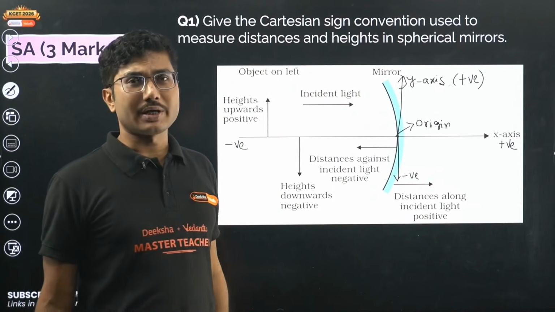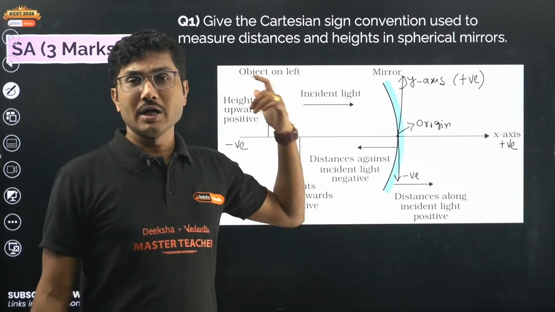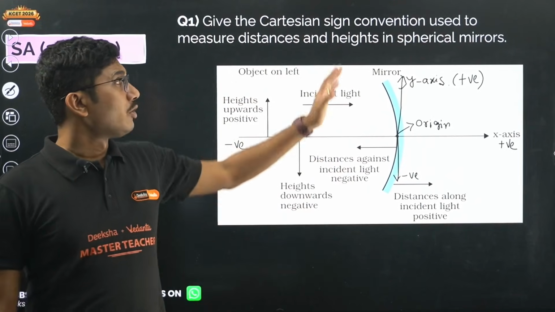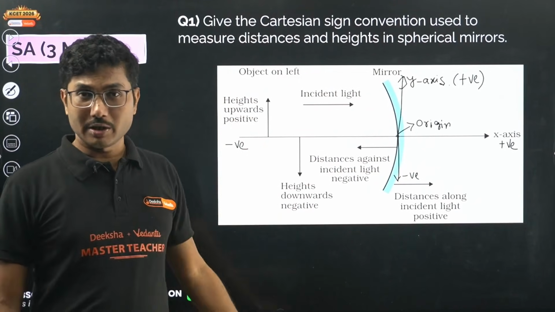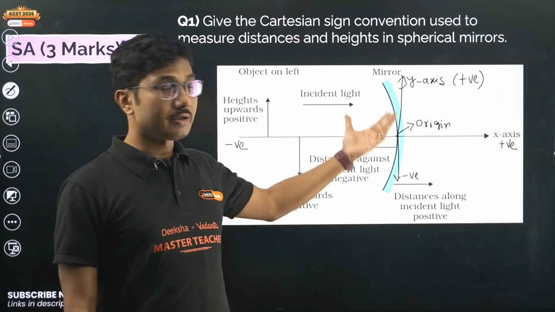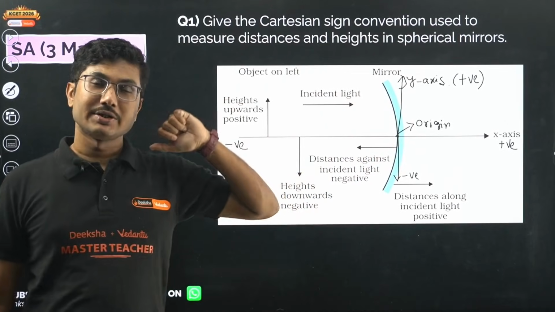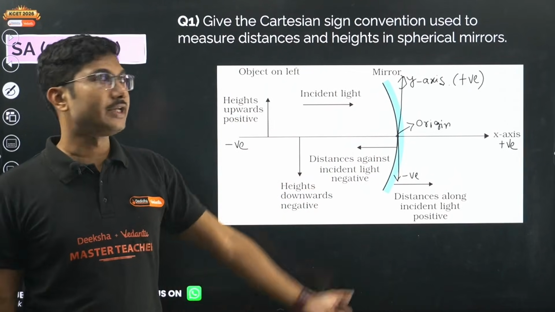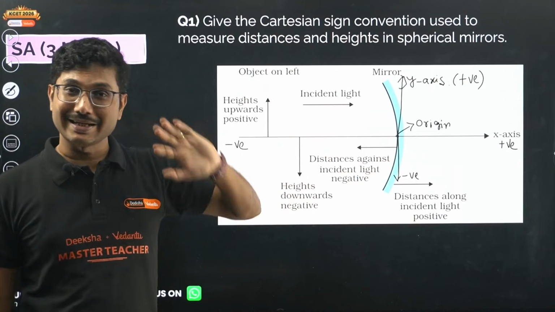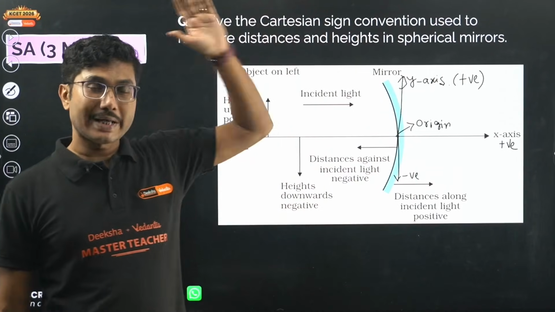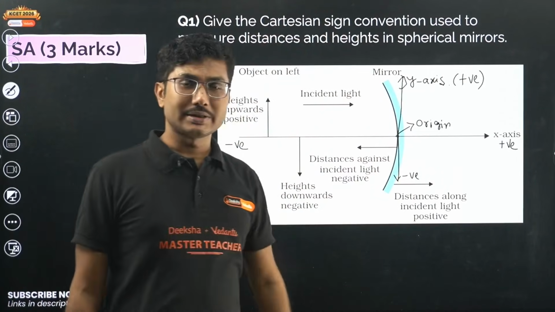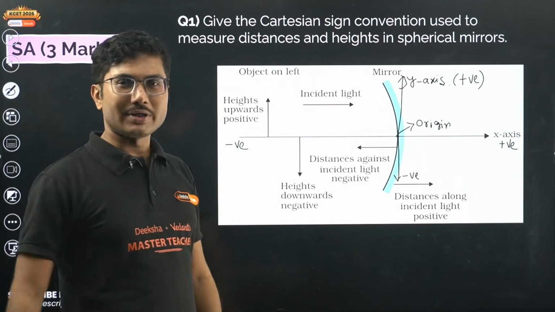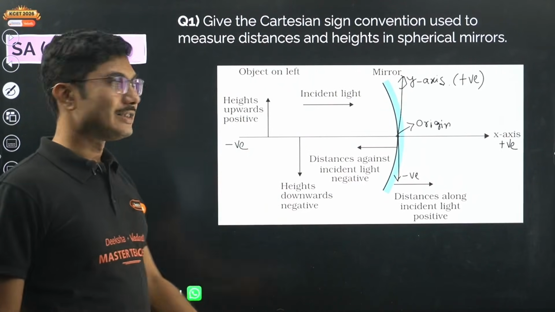That's why it is called the Cartesian system, because the geometry of x, y and z was developed by Cartesian, the mathematician on whose name this is called the Cartesian sign convention. Anything along the positive x-axis is positive, anything along the negative x-axis is negative, anything along the positive y-axis is positive, and the negative y-axis is negative, same as your geometry, x comma y. You can write the same thing for this system as well.